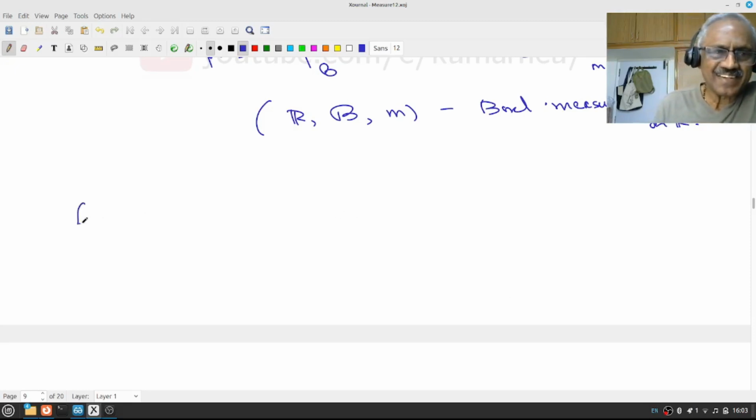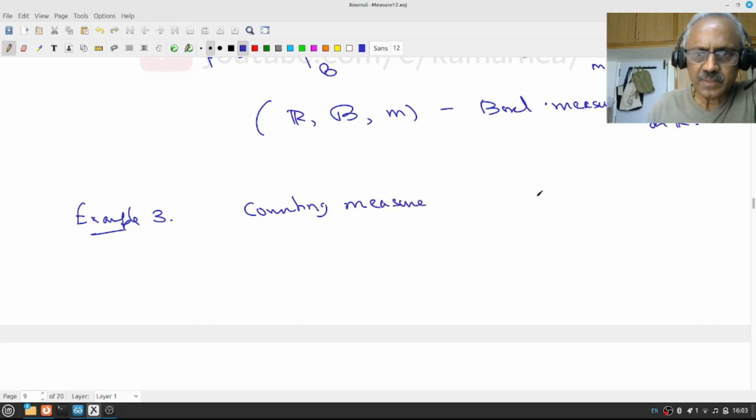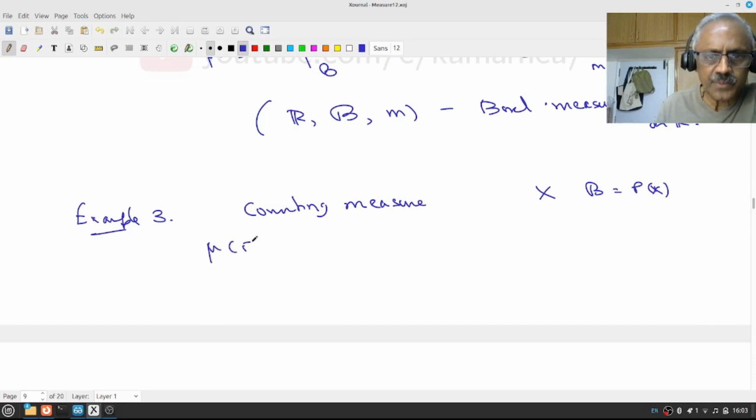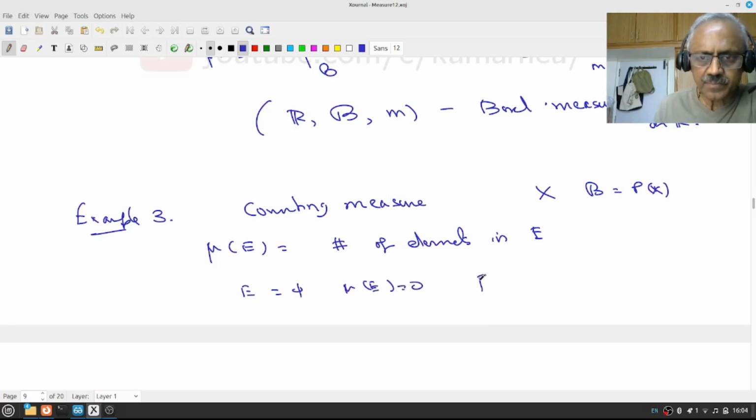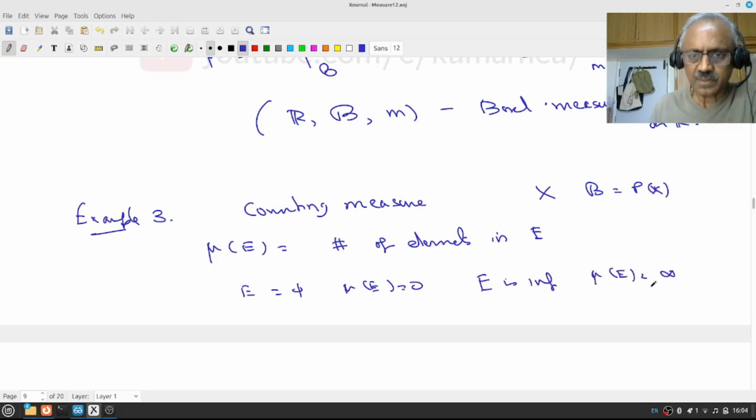Now example 3 is what we call counting measure. I can do it on any set. Let X be a set, let B be the power set of X, and mu of E equal to the number of elements in E. Therefore, if E is empty, mu of E is 0, and if E is infinite, then mu of E is infinity by definition, an extended real number.